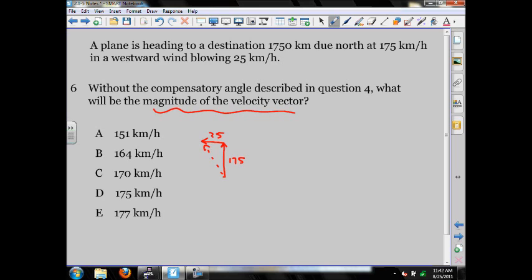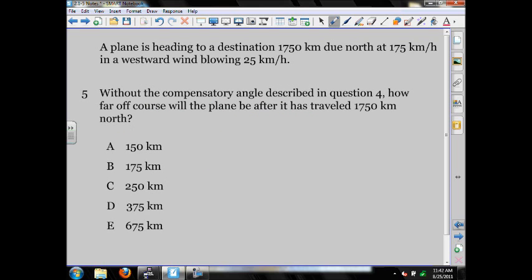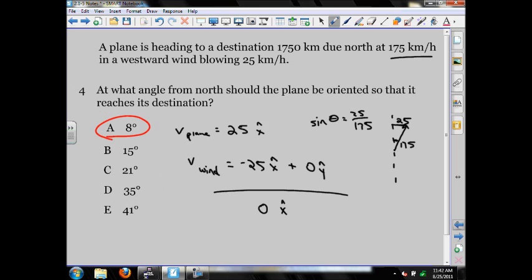So the resultant, when I combine those two vectors, is the hypotenuse. The 175 before was the hypotenuse, because we knew the x component. This was the total speed of the plane, just the plane without the wind, was 175.